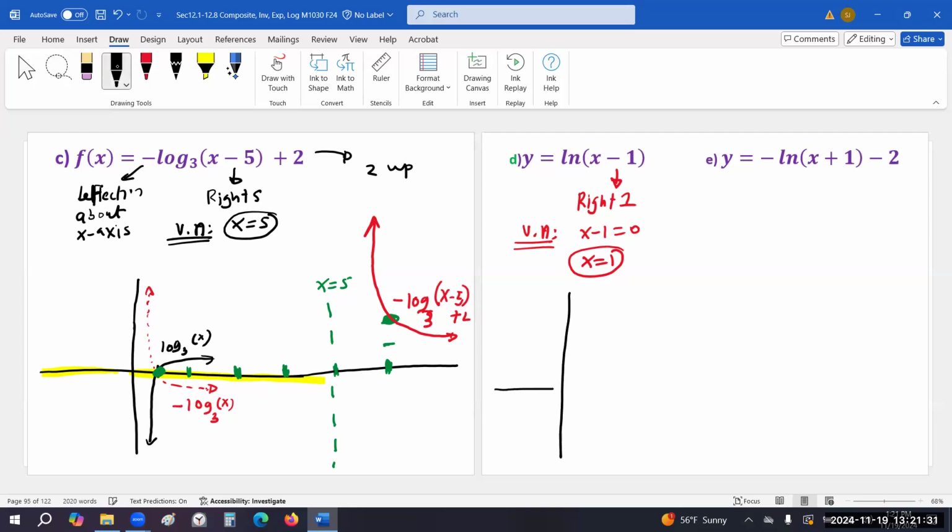So the original one is here, sorry, this is ln of x. You are shifting this just here, and a new asymptote is this one, ln of x minus 1.